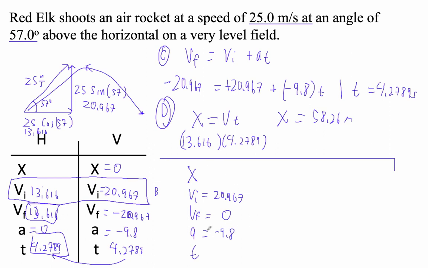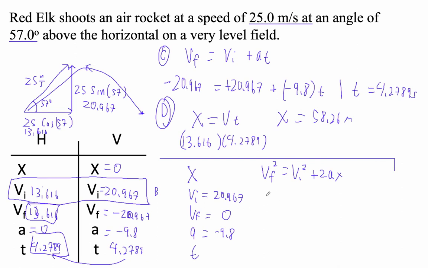It says, what is the greatest height? I'm going to choose the formula that doesn't have t in it. So VF squared is VI squared plus 2 a x. You could do it a lot of ways too. You can also take that time and divide it in half and use any formula you want, because it's going to reach the top at half the time.